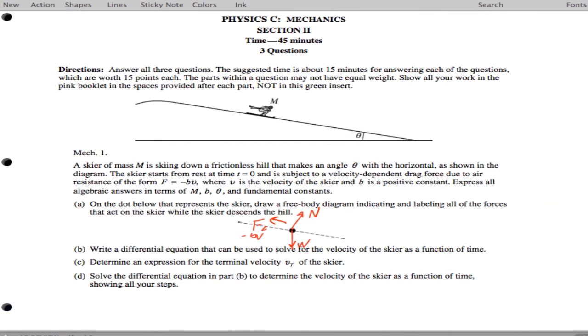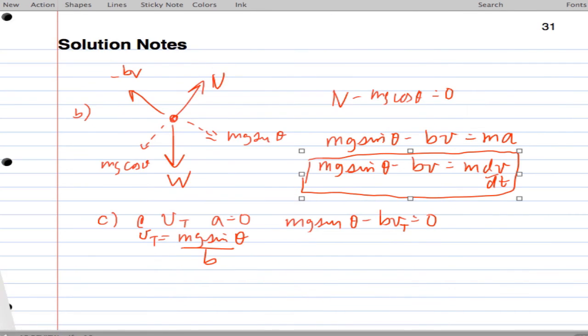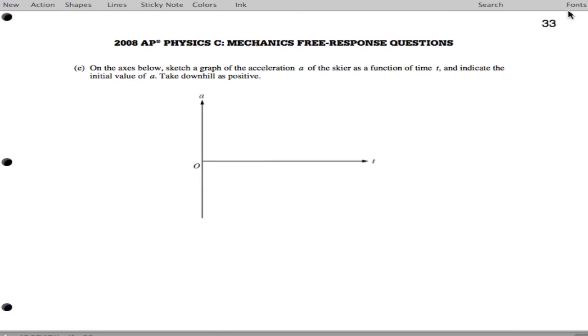But it turns out part E of this video, we want to know a graph of the acceleration versus time. And the way that's going to work is we're going to end up getting mg sine theta minus bv equals ma.